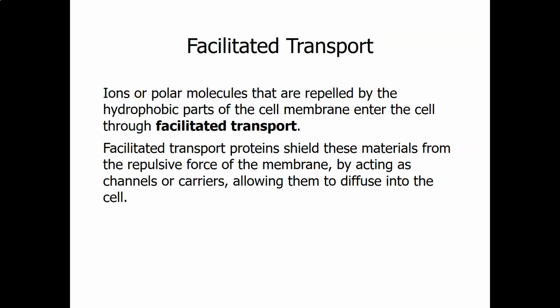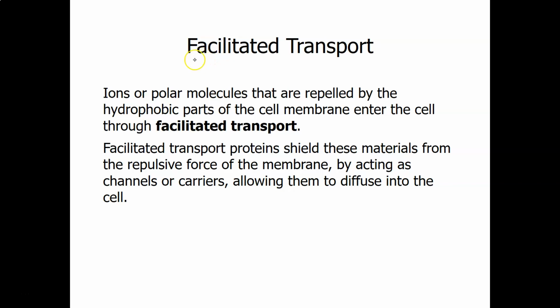Now, diffusion across the phospholipid bilayer can only happen with nonpolar molecules, like we talked about. Small lipid molecules, or oxygen gas and carbon dioxide gas, are able to diffuse directly through the phospholipid bilayer.